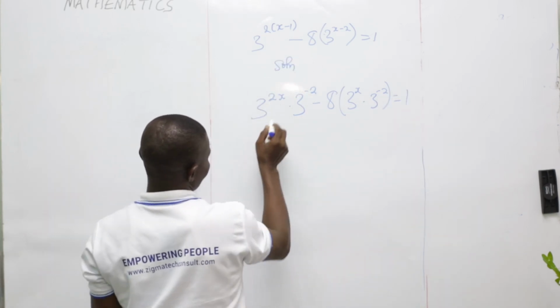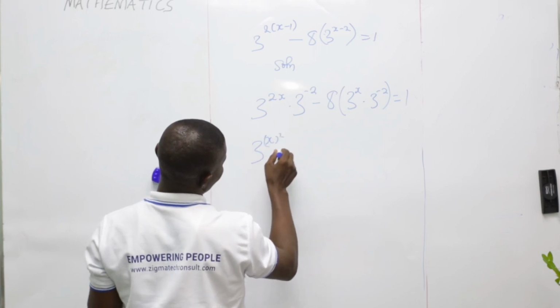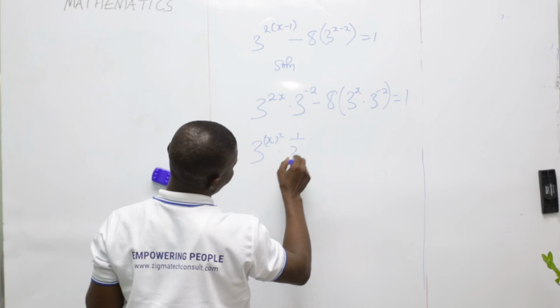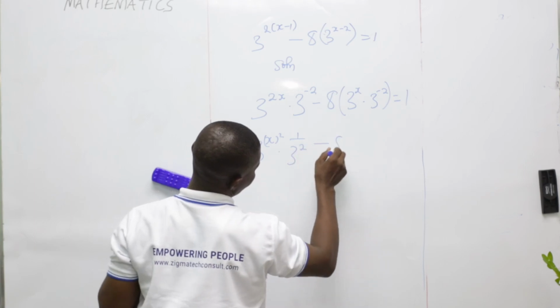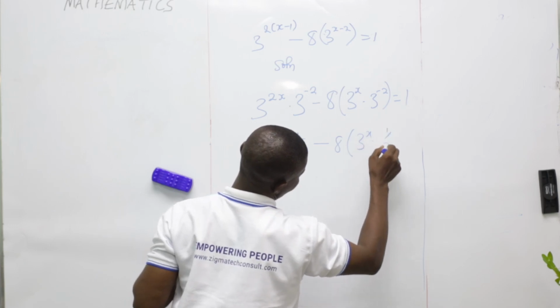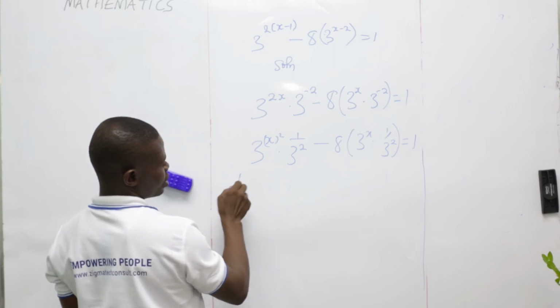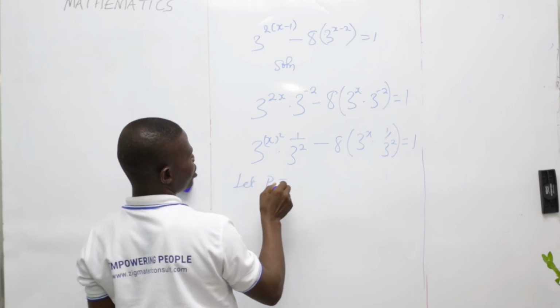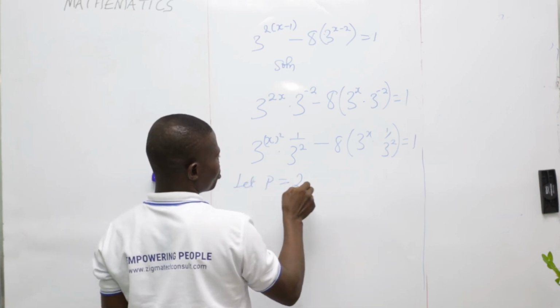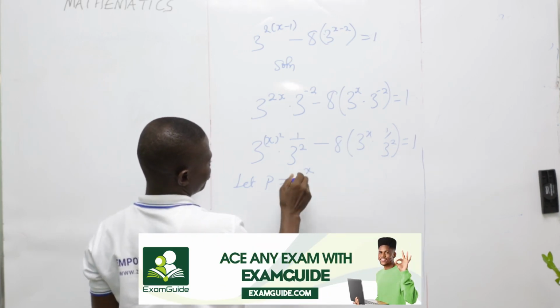The next interpretation: this is 3^x squared times 1 over 3 squared, minus 8 into 3^x times 1 over 3 squared, equals 1. Then let P, it's not only P, you can use K, equals 3 power x.